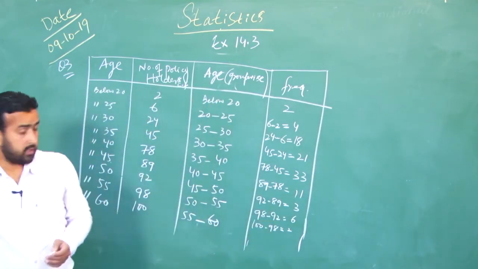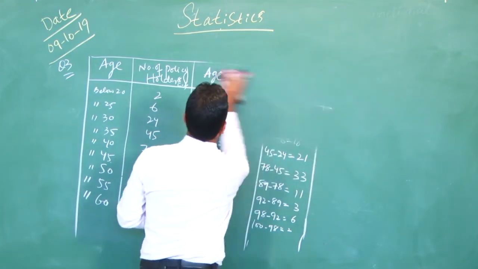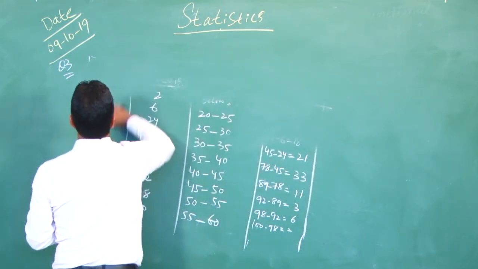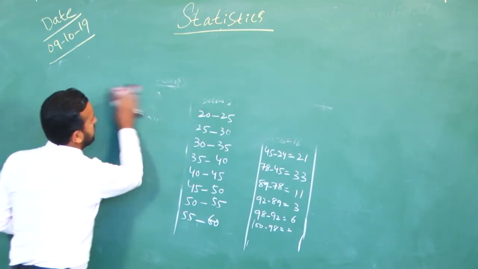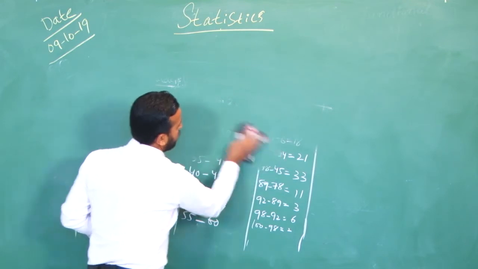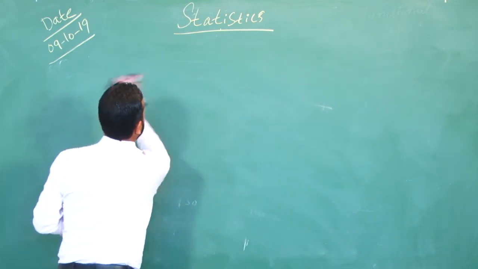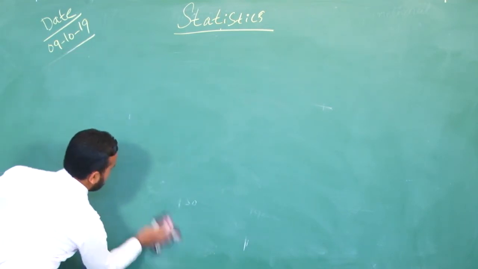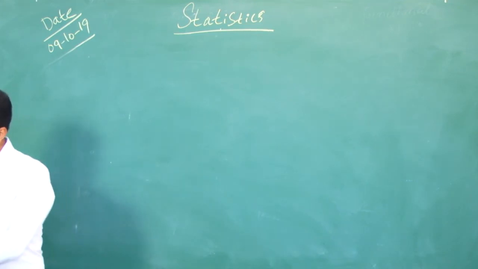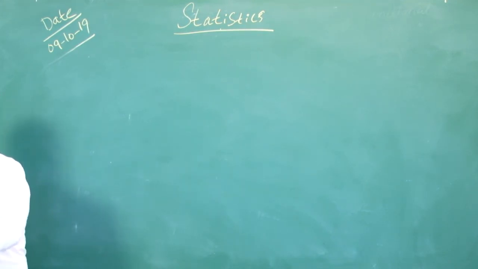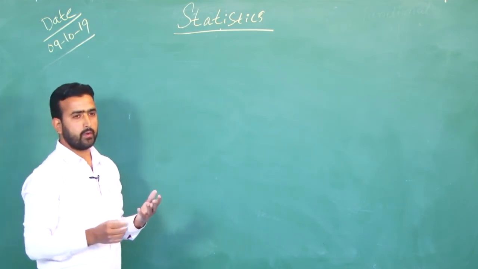Now our next subtopic will be how to draw the cumulative frequency polygons or the curves, or we call them ogives. So that will be the graphical representation of the given cumulative frequency distribution.